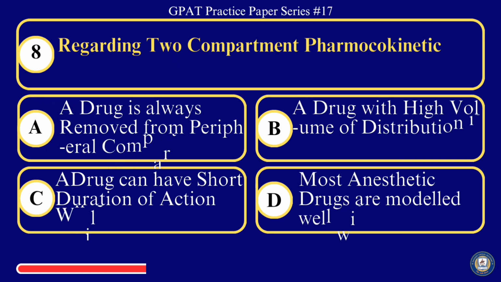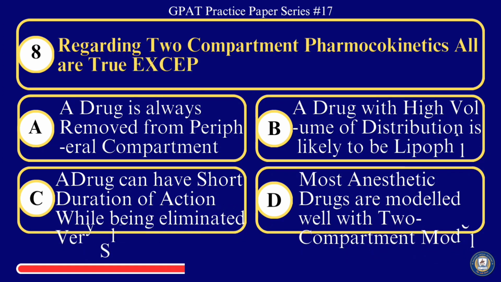Question number 8. Regarding two-compartment pharmacokinetics, all are true except, your options are A. A drug is always removed from peripheral compartment, B. A drug with high volume of distribution is likely to be lipophilic, C. A drug can have short duration of action while being eliminated very slowly, D. Most anesthetic drugs are modeled well with two-compartment model.